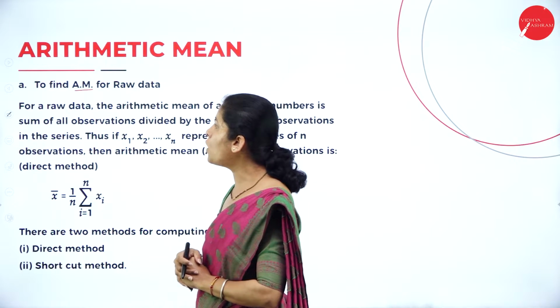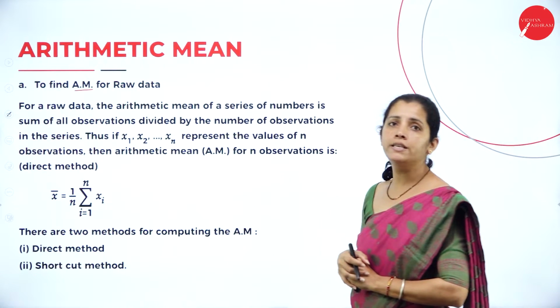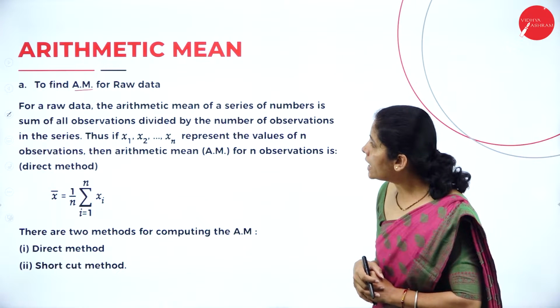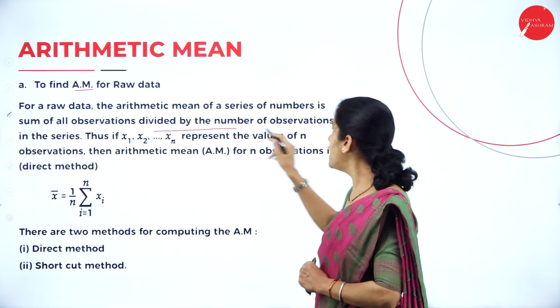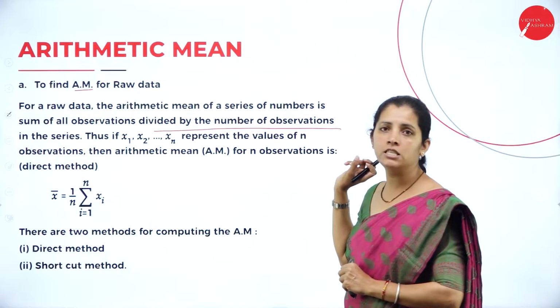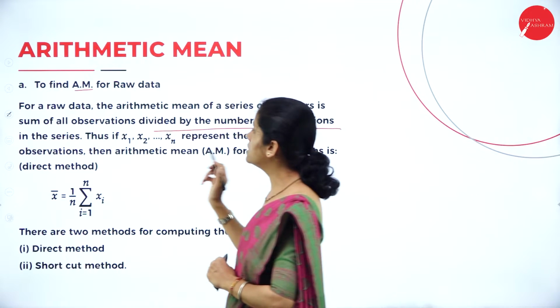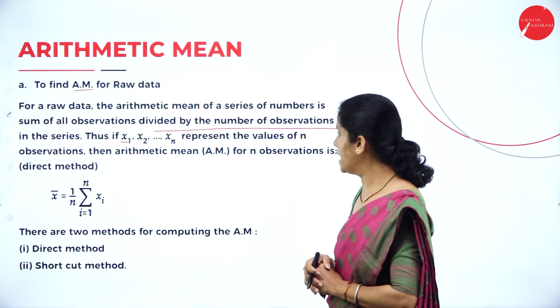For raw data, the arithmetic mean of a series of numbers is the sum of all the observations divided by the number of observations in the series. Here it ranges from x1 to xn.